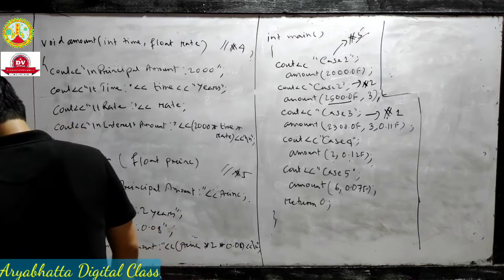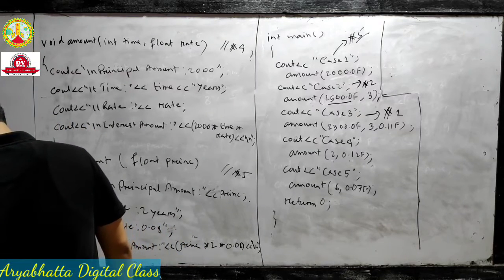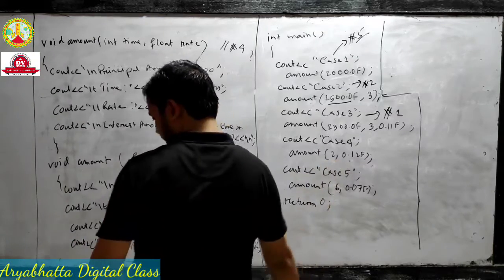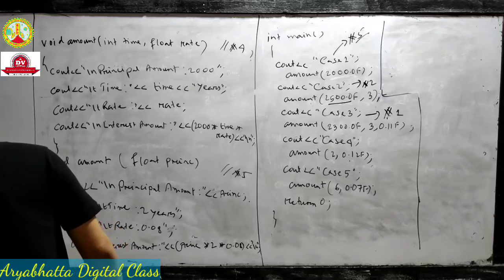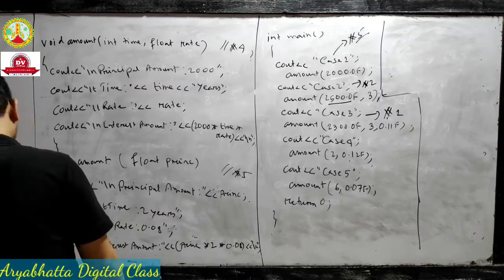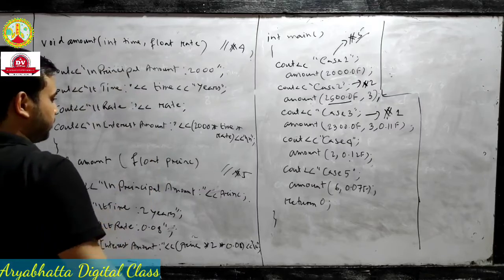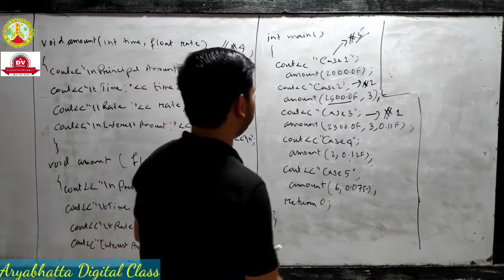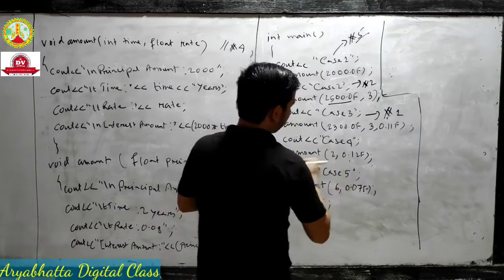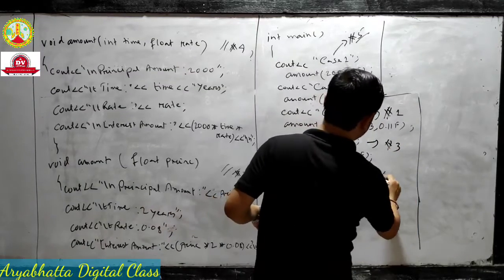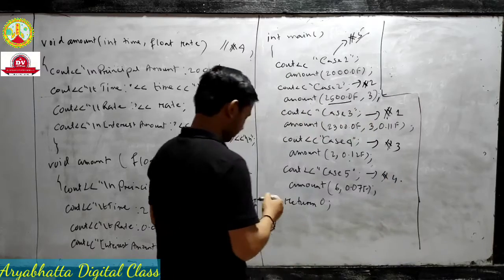Case 4 we have 2 and 0.12. Case 4 is for function 3 and case 5 is for function 4.